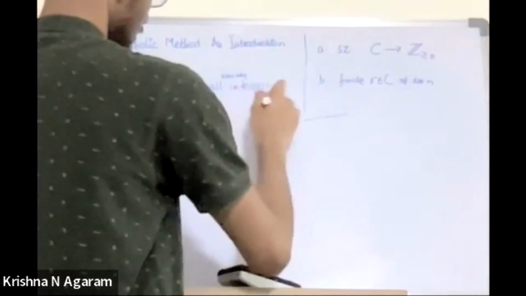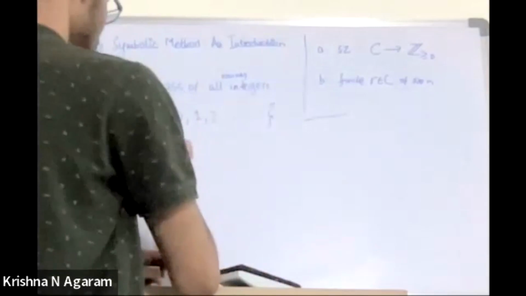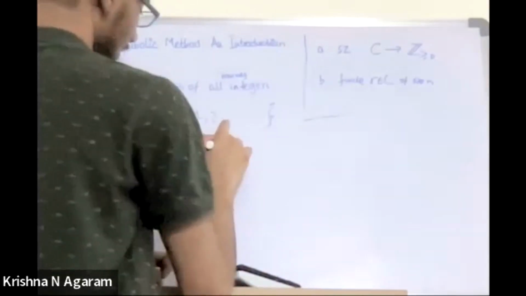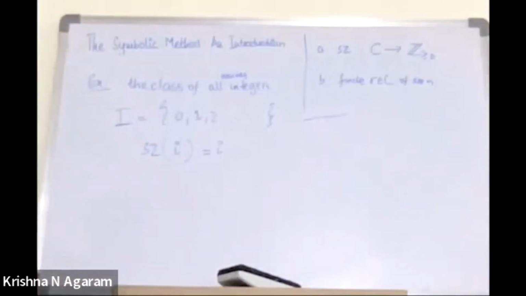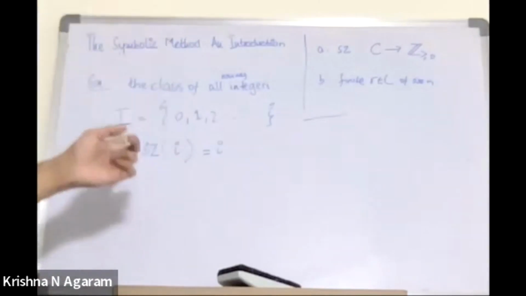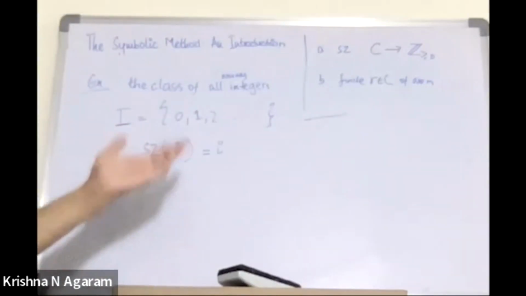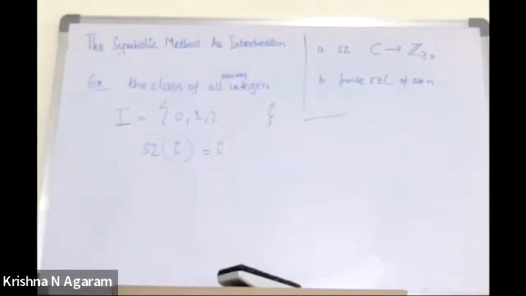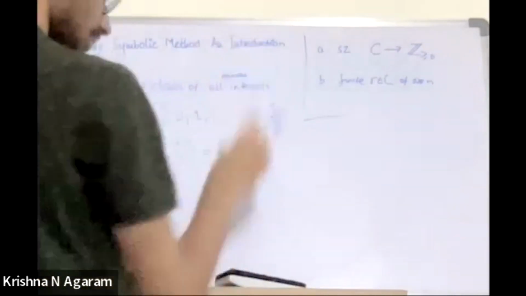So 0, 1, 2, and I'll define size of I equals I. Fair enough. I can define this thing, the size function. So it's clear that there's only one element of a particular size. So those are satisfied. This was somewhat a trivial class.